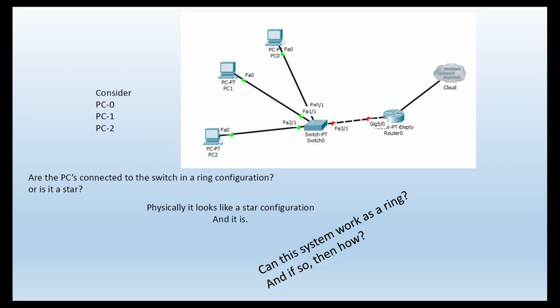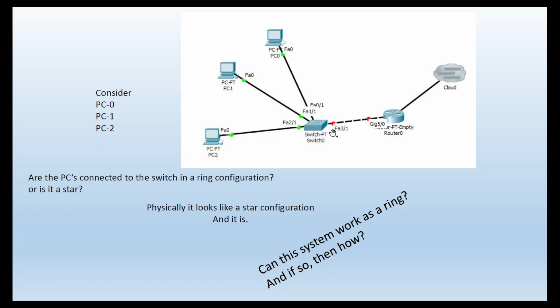You are not going to encounter this type of situation at work. However, this helps with a better understanding of the differences between the physical and the logical topology. Now, are these PCs connected in a ring configuration, or is it a star?